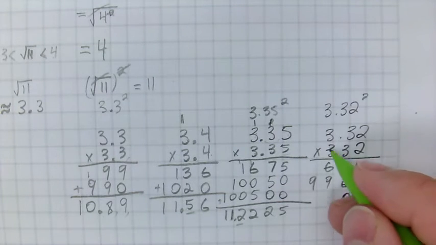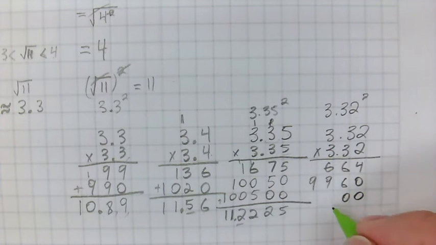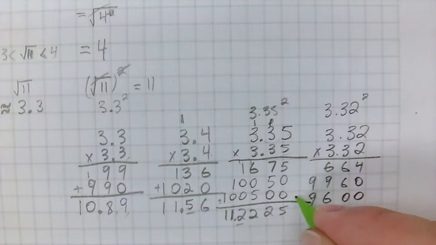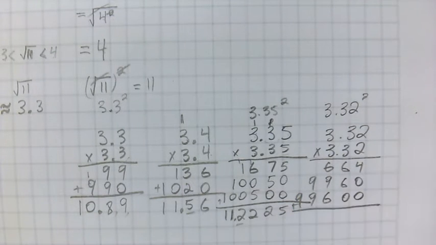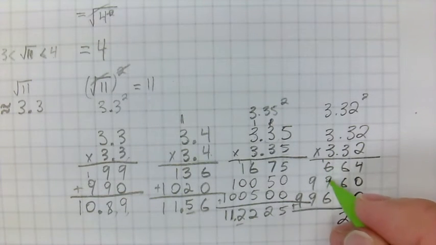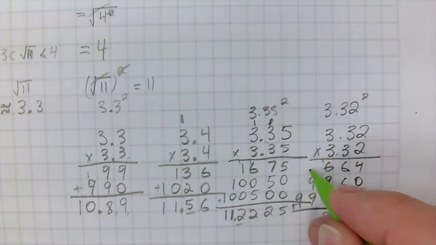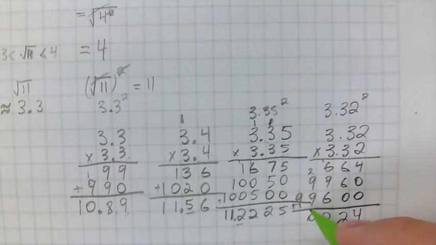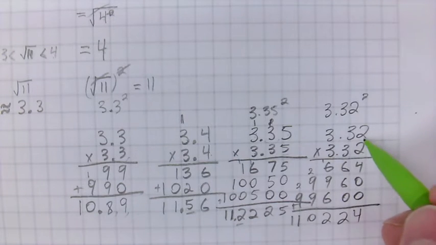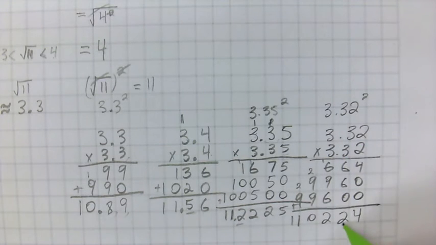And it's the same digits, so it's going to be these same 3, 6, 9, and 9. Add those up. 4, 12, 7, 16, 22, 20, 11. 4 decimals up here, so 4 decimal spots here.